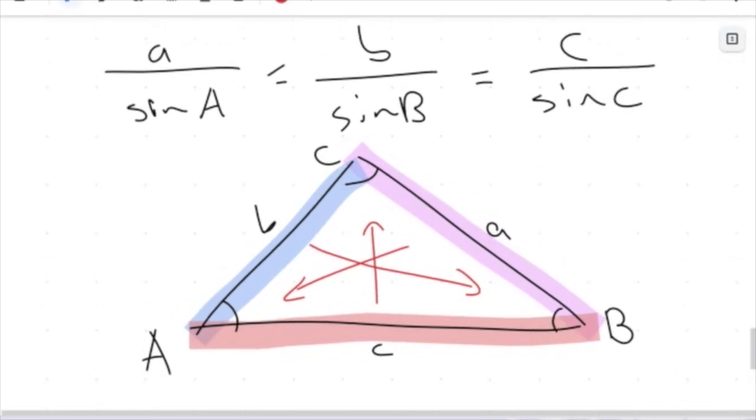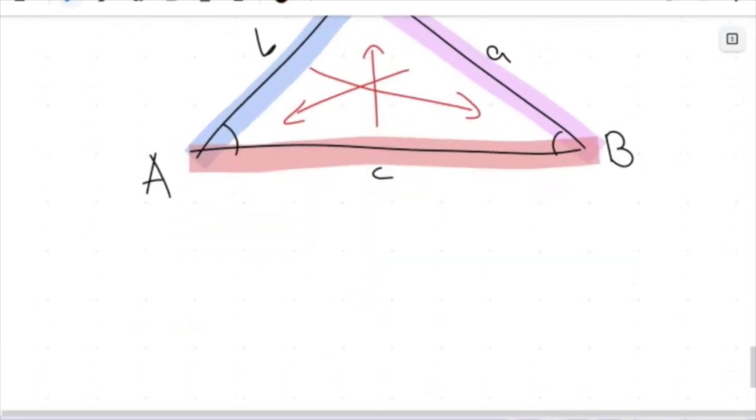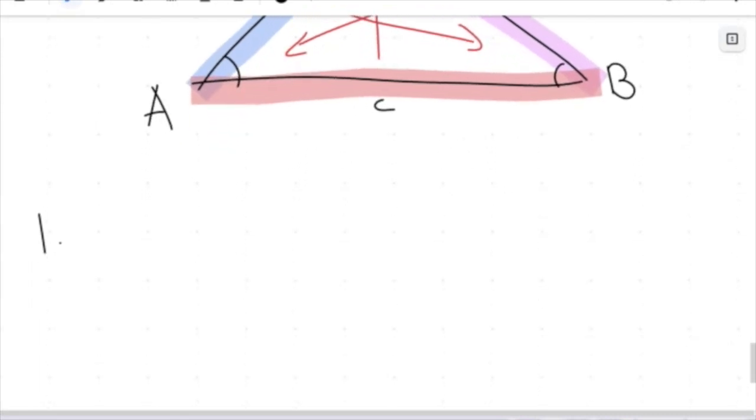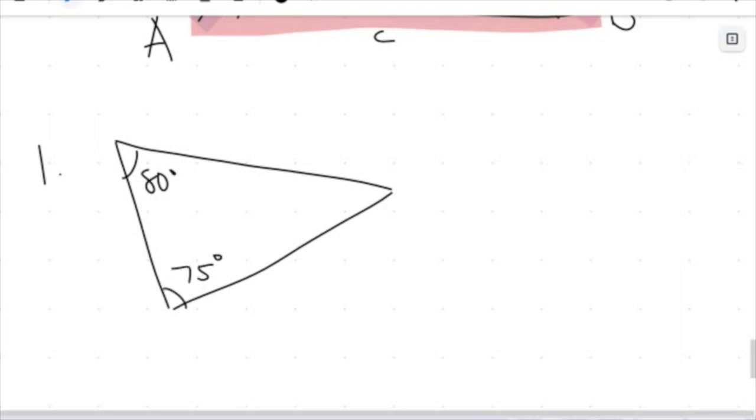And we can use this to set up equations and then find lengths of sides or sizes of angles of non-right angle triangles. So let's look at our first example here, and we want to find a missing side. I have an angle of 80 degrees, an angle of 75 degrees, a side of x meters and a side of 7 meters.